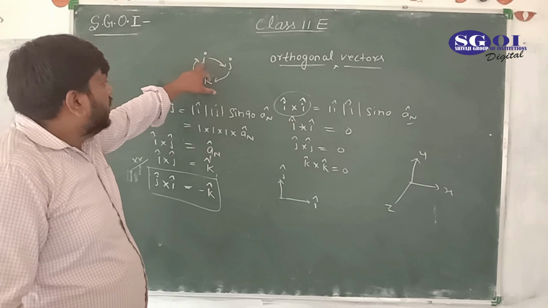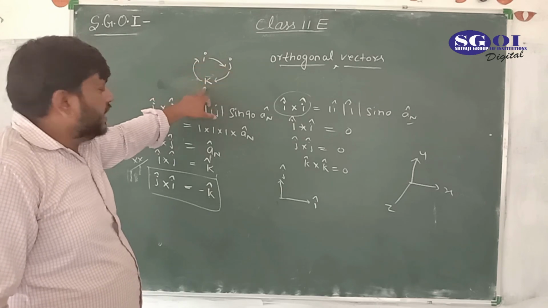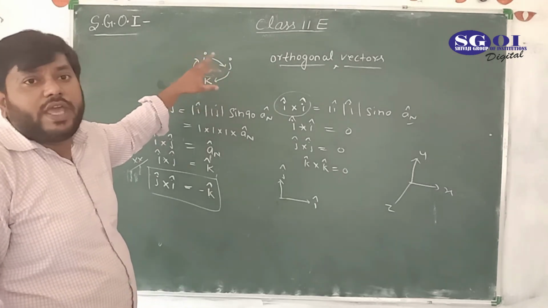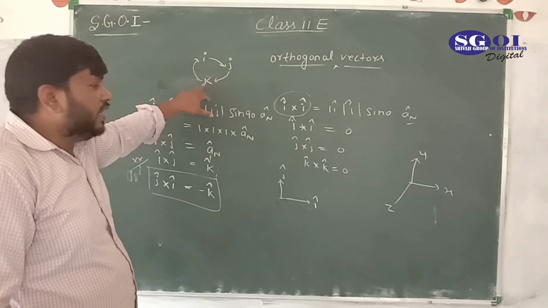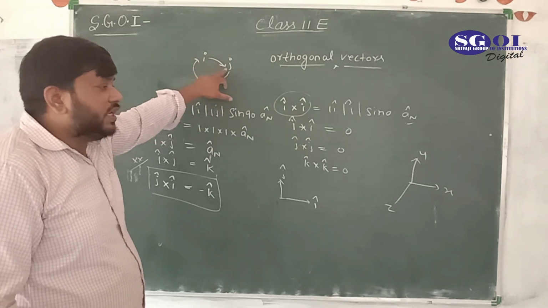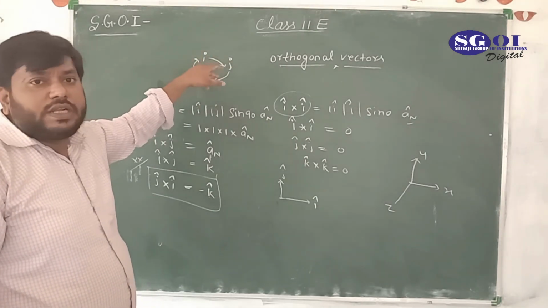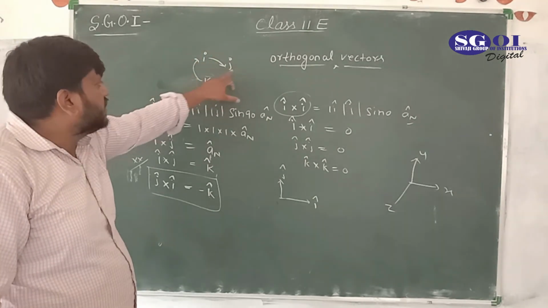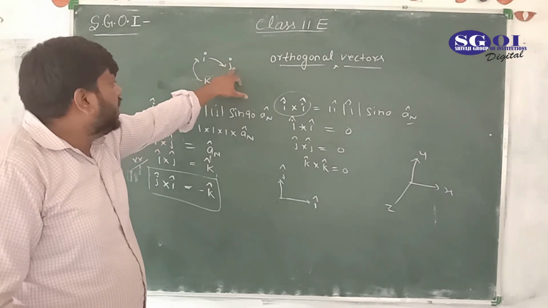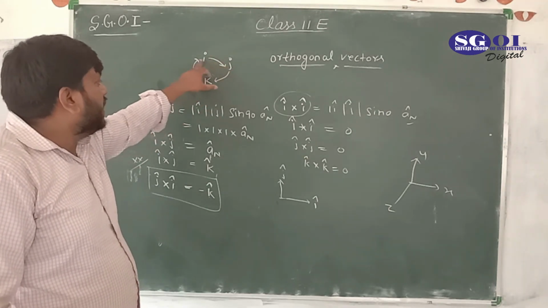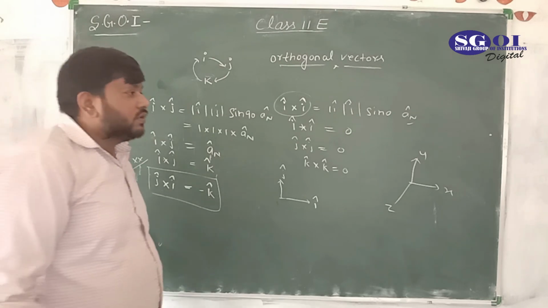You have to learn like this. If you move in the direction of the arrow, i cross j is k, k cross i is j, and j cross k is i. If you move opposite to the direction of the arrow, i cross k is minus j, k cross j is minus i, j cross i is minus k. Okay? Thank you.